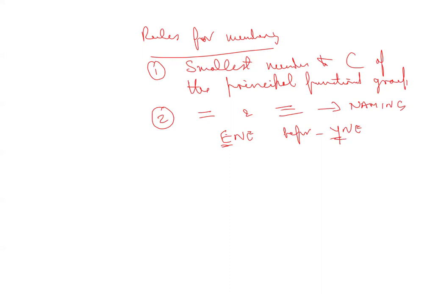So this is the naming part. When you number it, these double and triple bonds should get the lowest numbers. When you name it, you put in before ene, and you give the lowest possible numbers to double bonds and triple bonds.